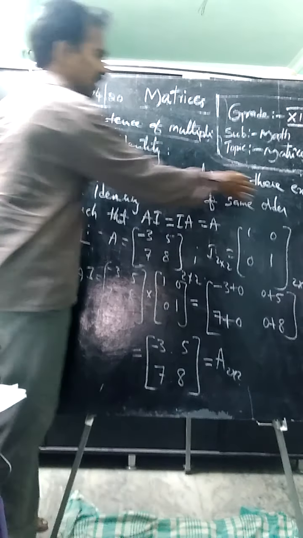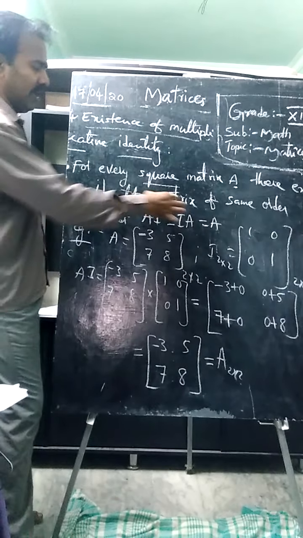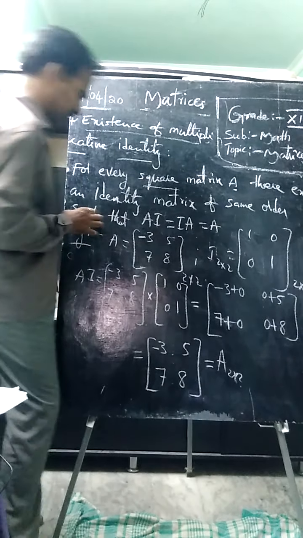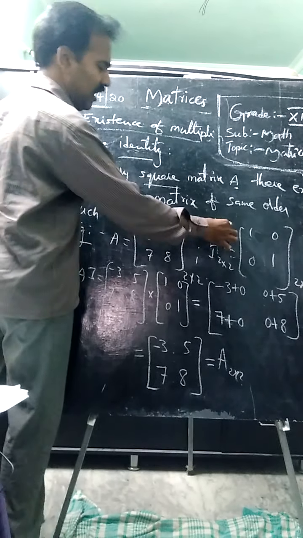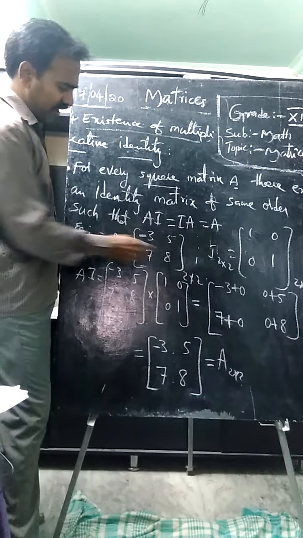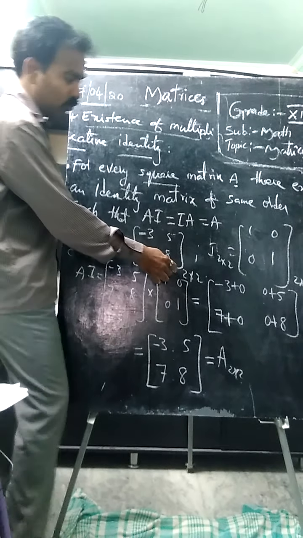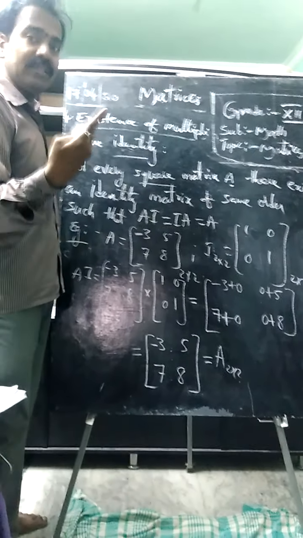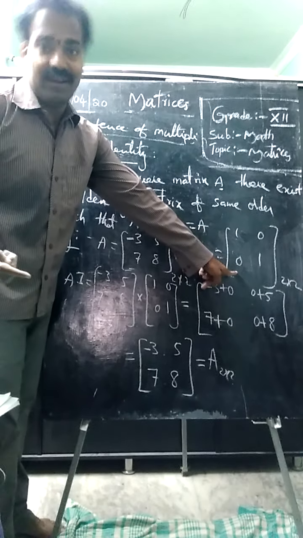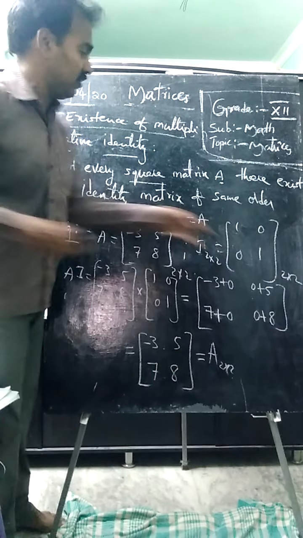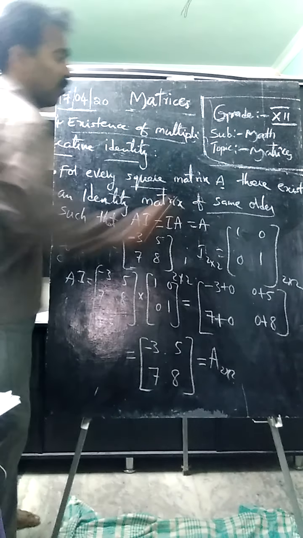For every square matrix A, there exists an identity matrix of the same order such that AI equals IA equals A. What is the order of this matrix? 2 by 2. It may exist for 3 by 3 as well, meaning the order of the identity matrix is the same. This point of same order is mentioned.